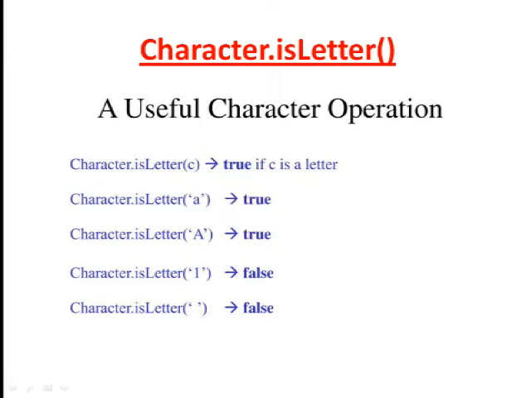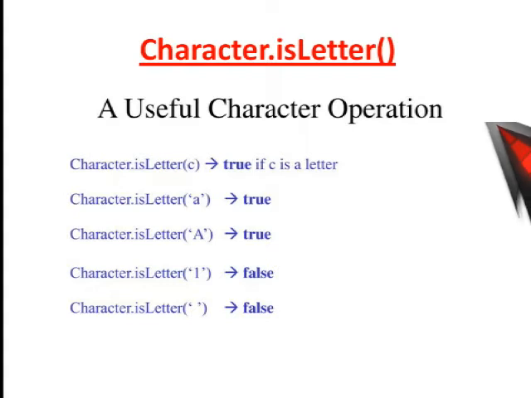Anything related to "is" is a question: I'm asking whether it is a letter or not. If you find this word anywhere, it means it is asking. So the result may be yes or no, in other terms true or false. That is why the return type is always Boolean.